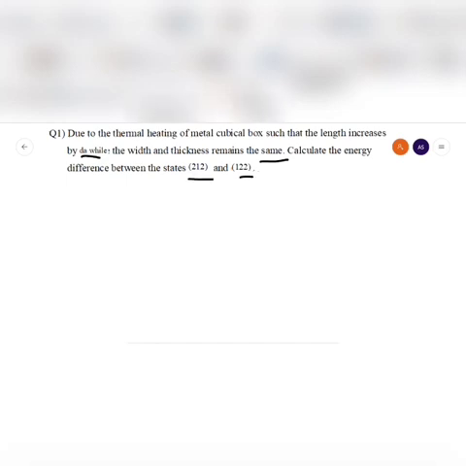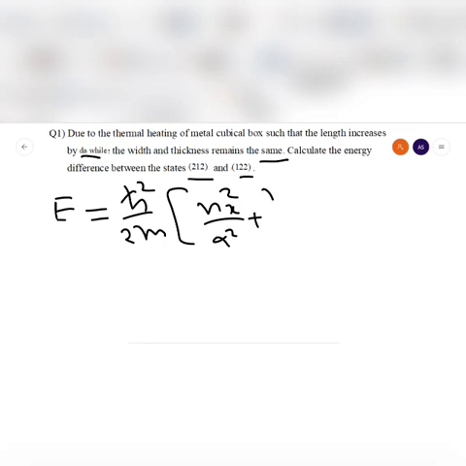You know the energy of a particle in the 3D case is equal to h square by 2m times nx square by a square plus ny square by b square plus nz square by c square.